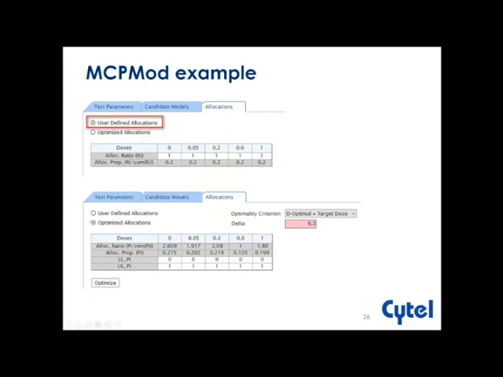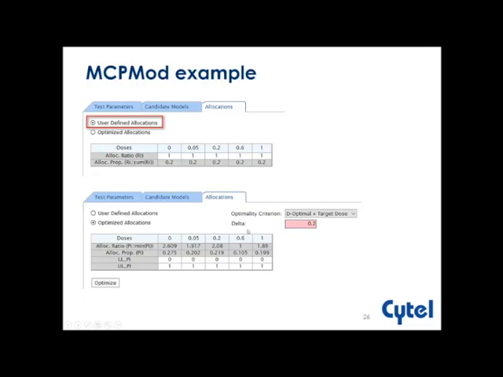I'm now going to jump to the allocations, and there are a few different options here. You can define your own, the user-defined allocations, and by default they'll be balanced. Or you can try to optimize the allocations, and we'll do this calculation for you.